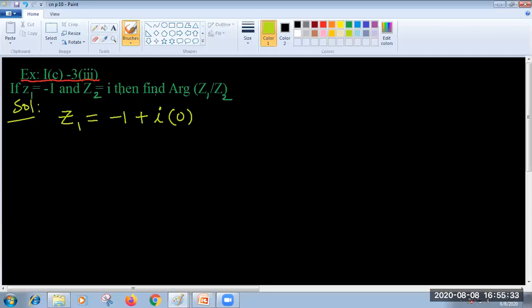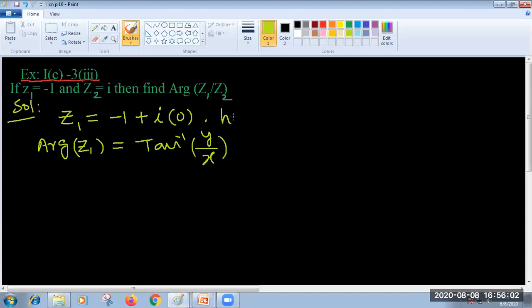And now we have to calculate the argument. Argument is nothing but the amplitude angle. Argument of z1 is equal to tan inverse y by x.